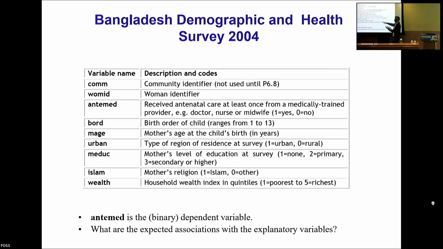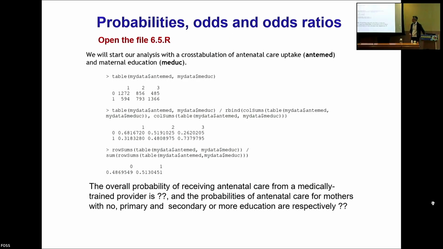So immediately you can see that some of these factors could be really important for understanding whether or not the mother received antenatal care, maybe whether they had money to pay for the doctor. And also you can see that some variables are at level 2. So urban is a typical level 2 variable because it denotes the neighborhoods or the places where the mother comes from.